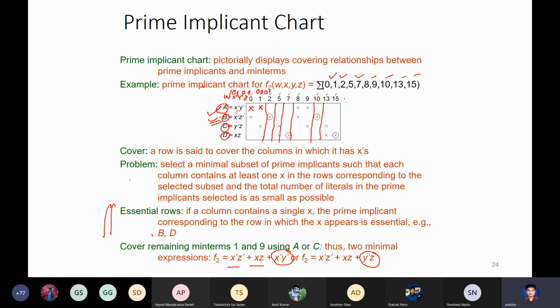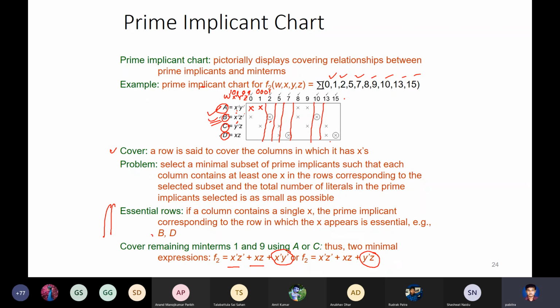Let me give this definition: a row is said to cover a column if that particular row has a cross for that column. So B covers 0, 2, 8 and 10. Similarly, D covers 5, 7 and 15. So this is a cover.